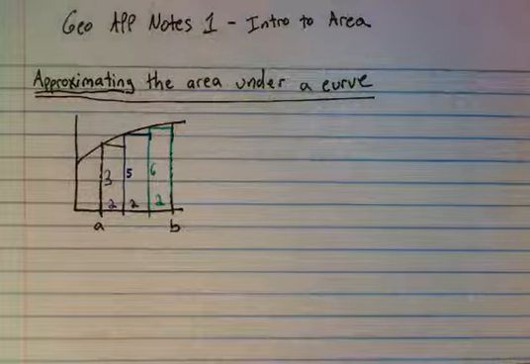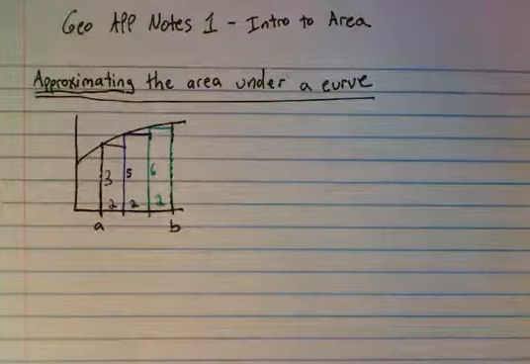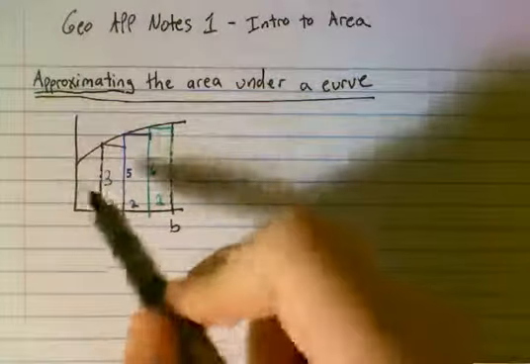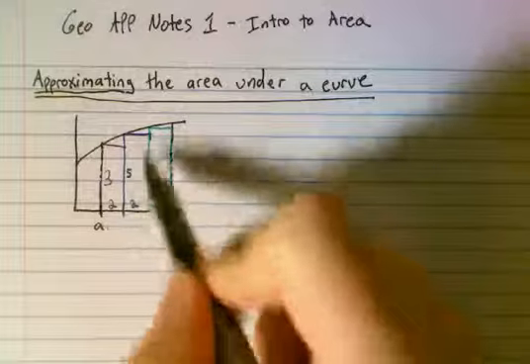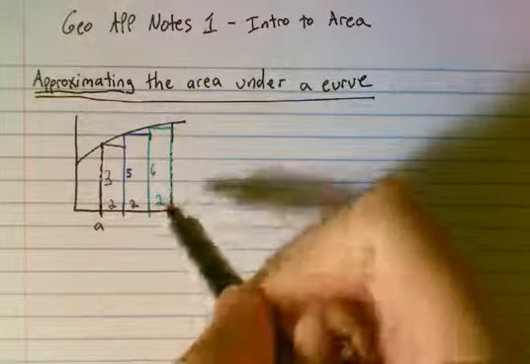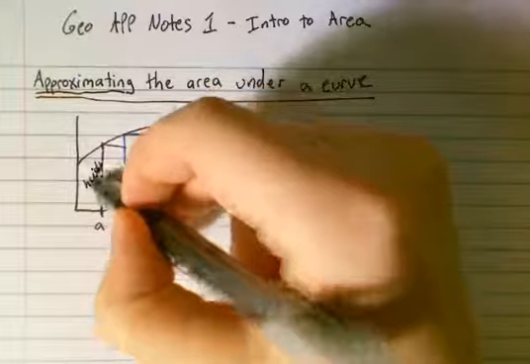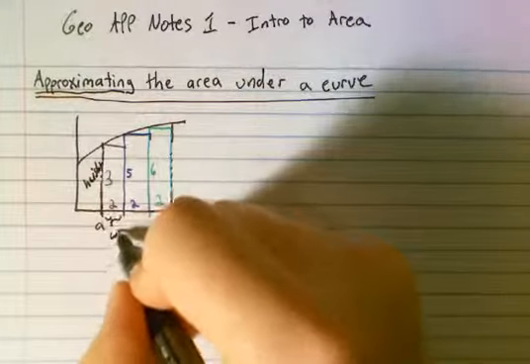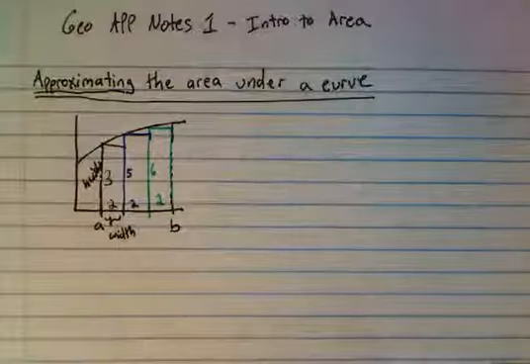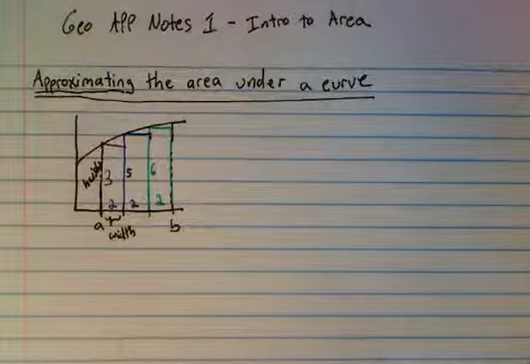but that they could get close to the area, approximate the area under the curve, by drawing a bunch of little rectangles and then multiplying the height times the width of each rectangle to get the area, and then adding up those areas.